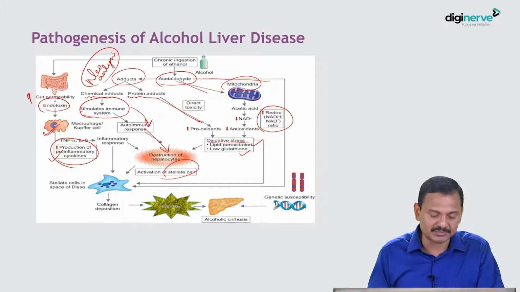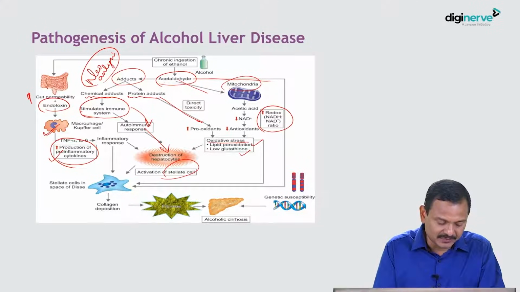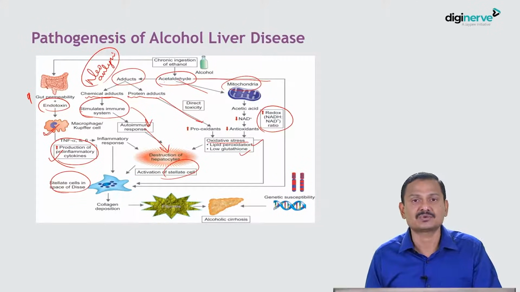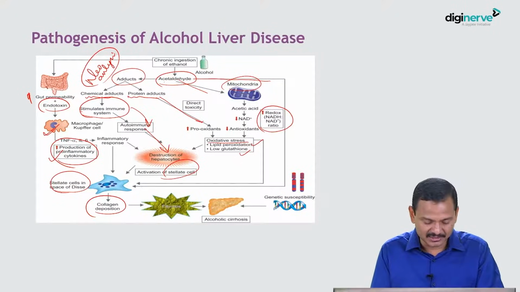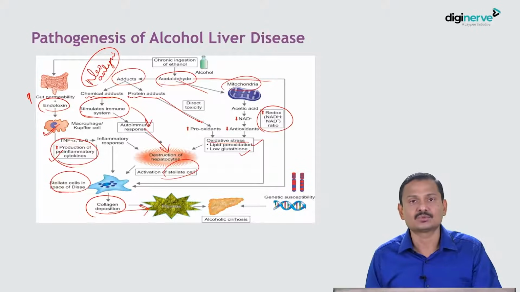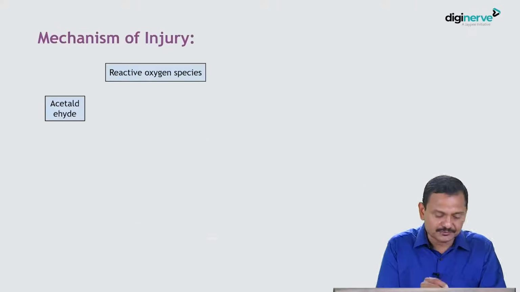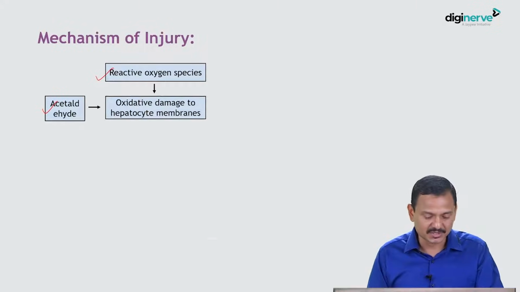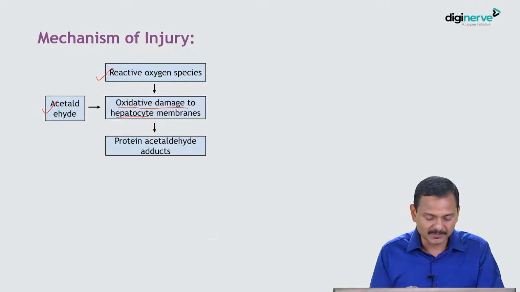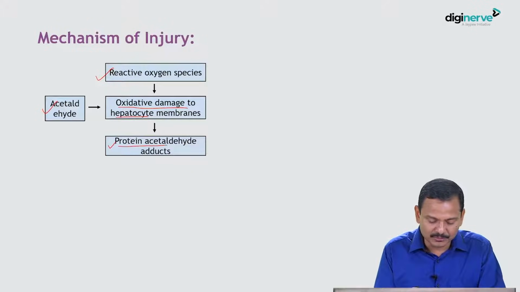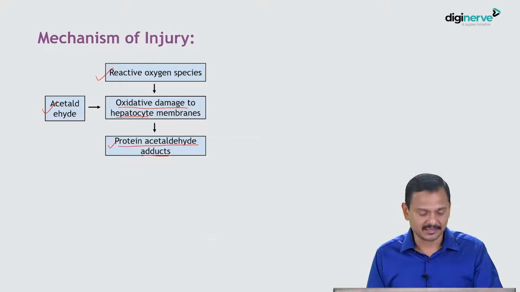Now these pro-inflammatory cytokines will activate the stellate cells present in the space of Disse, and the stellate cells will cause collagen deposition, and this collagen deposition will lead to fibrosis. So if we revise all these, first acetaldehyde is formed as well as some reactive oxygen species. Once there are reactive oxygen species, they will cause oxidative damage to hepatocyte membranes, and then they will also form protein acetaldehyde adducts.